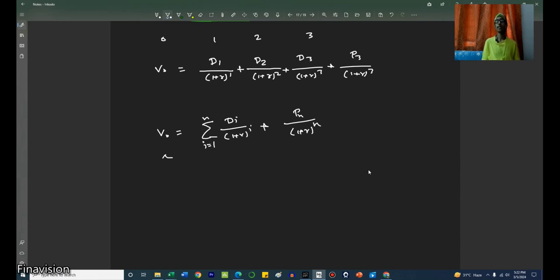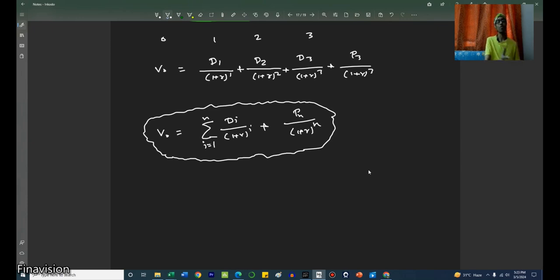So this is the expression for a holding period of n periods, where you are getting dividends D1, D2, D3, D4 till Dn, and you are selling the investment at price Pn at period n, and r is the required rate of return. So this is how you do it.